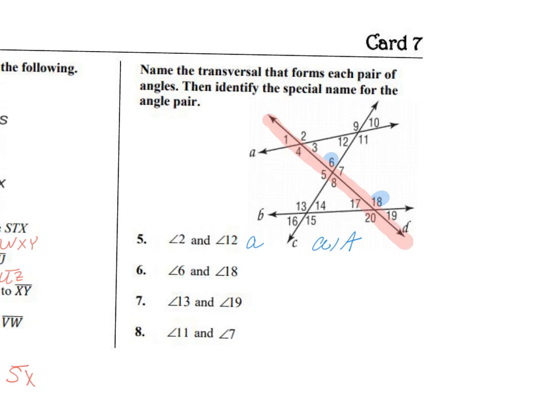The 2 lines that would be intersecting would be this line and this line. And so when we look at 6 and 18 along that transversal of D, those are corresponding angles.